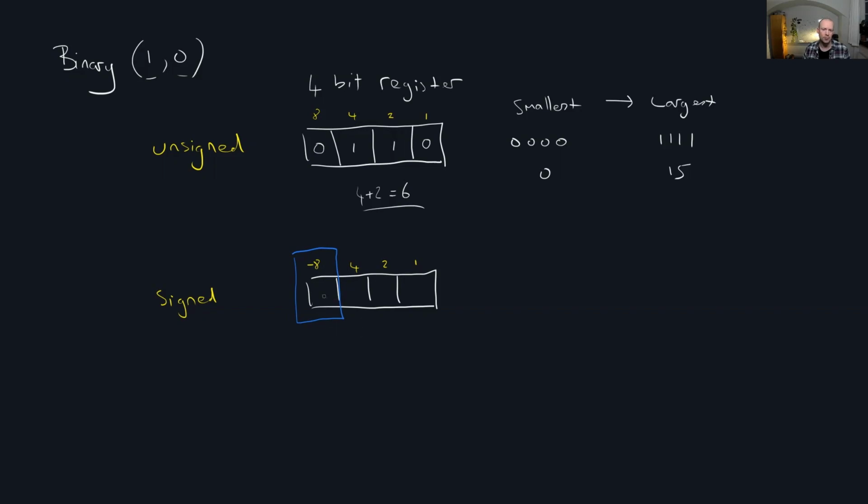If there's anything in here, then we're dealing with negative numbers. So then repeat the exercise. Let's take an example. If we want to have -6, type what you think -6 would be in this 4-bit register.